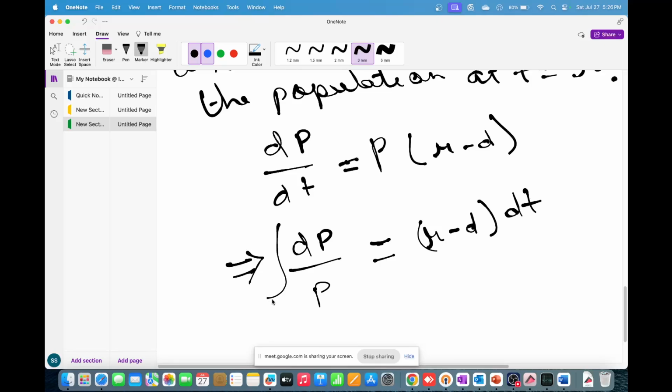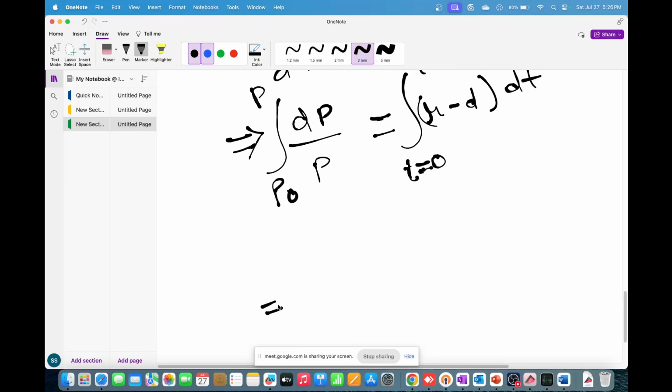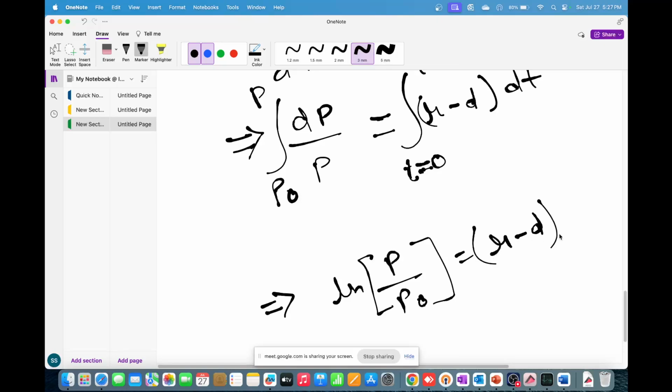Now you do your integration, p naught to p, t equal to 0 to t. It's fairly simple. There is a log on the left side, so it will become ln(p/p naught) equal to (r minus d) into t.